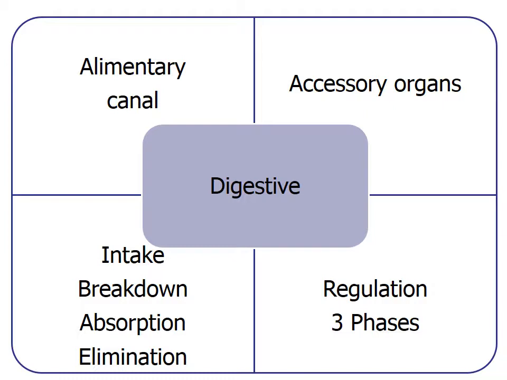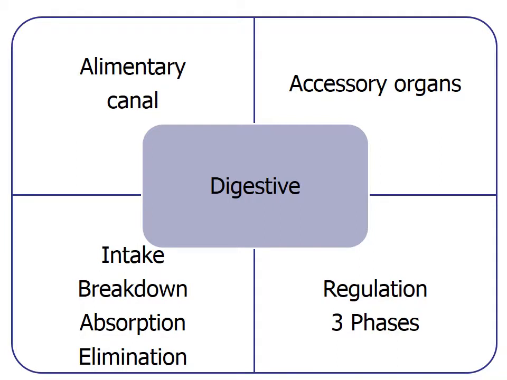These organs participate in the functions you see listed here: intake, putting foodstuff into your mouth and keeping it there; breakdown, smashing the foodstuff into smaller pieces, or breaking large molecules into small ones; absorption, moving the small molecules from the tubular organ into the blood and lymph for use; elimination, taking the leftover waste and removing it from the body.